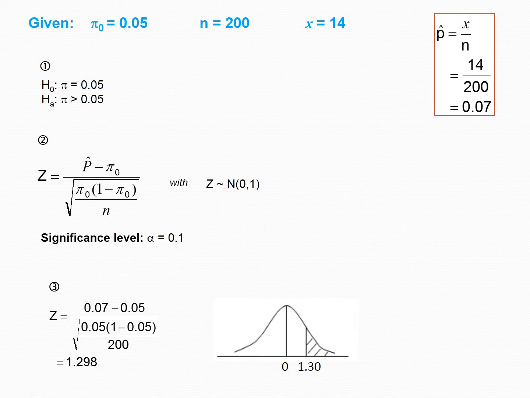Then we can substitute our sample data in step 3 to determine the Z value. So Z will be 1.298, or if we round that off to 2 decimal places for our Z table, that will give us a value of 1.30. So in step 4, we are going to determine the probability that Z will be greater than 1.30.